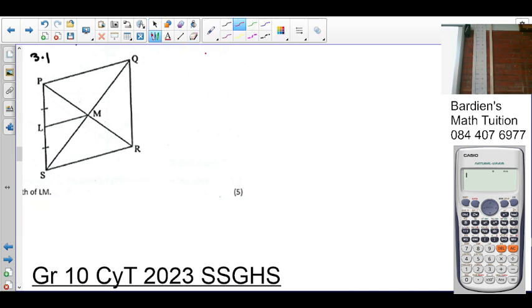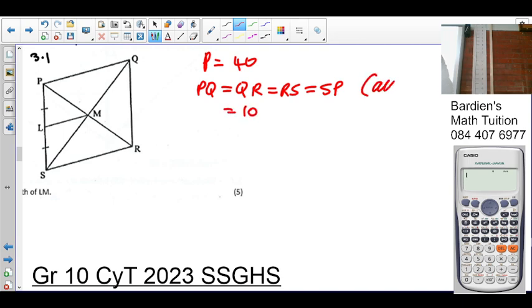So we know that PQ is equal to QR, which is equal to RS, which is equal to SP, which is equal to 10. All sides equal in rhombus. So that is 10 now, no?